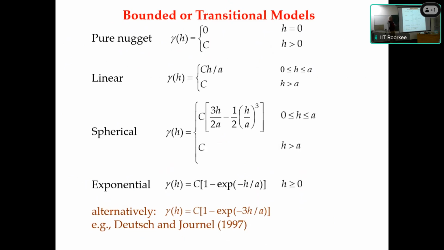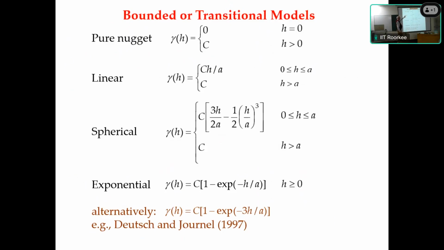Here are the equations of these shapes. Pure nugget is just gamma equal to 0 at h equal to 0, but then it is equal to C, or equal to s squared, at h larger than 0. So at any lag distance larger than 0, we are at the plateau level.